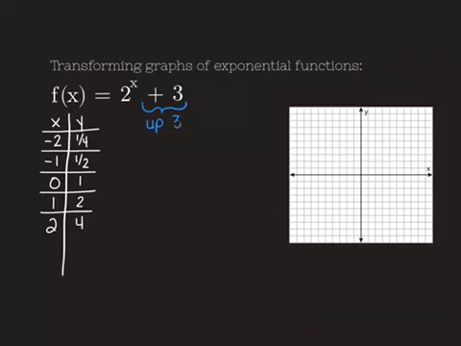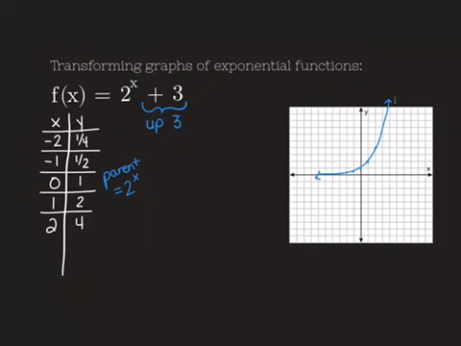So we'll start with our parent function. So our parent function now is 2 to the x. So let's graph that. So -2, 1/4, -1, 1/2, 0, 1, 1, 2, and 2, 4. So this is our parent function.